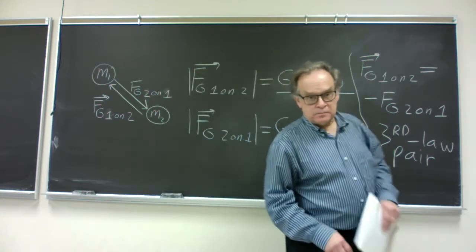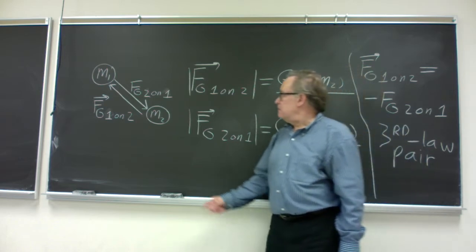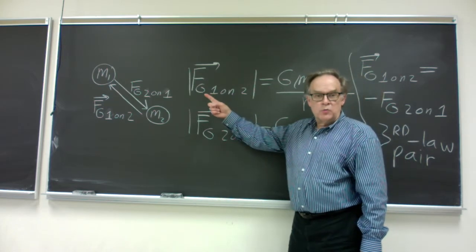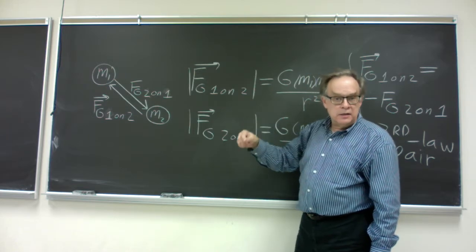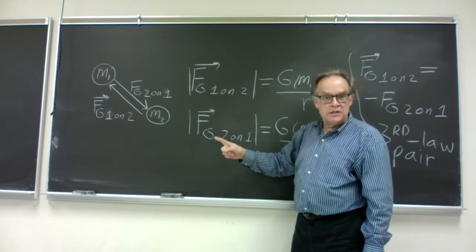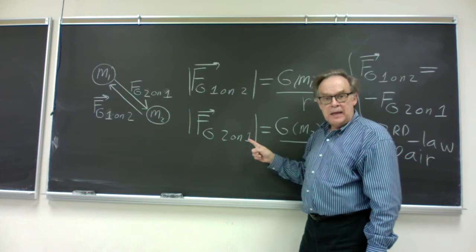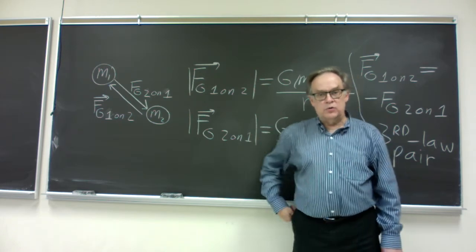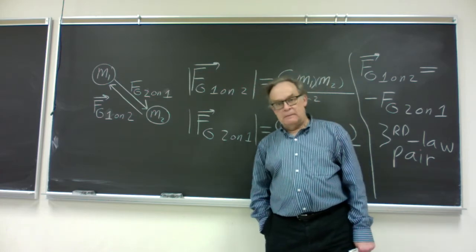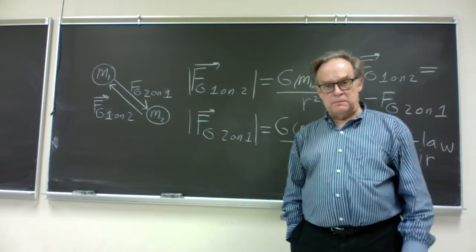And then in a third law pair, you've got a force from one thing acting on the second thing, and the other force in that third law pair is the second thing acting back on the first thing. All the characteristics of a third law pair are in this gravitational force.